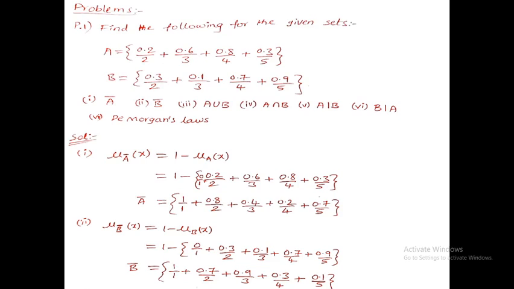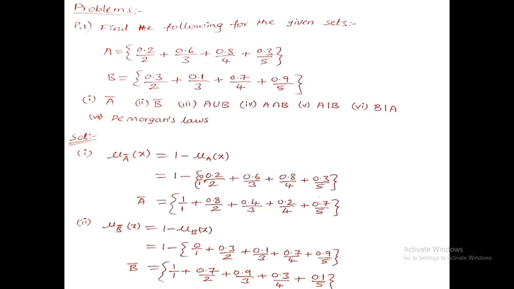The numerators need to be subtracted from 1 to get that complement. That's what I have done here. I have taken only points 1 to 5. If you are including the first point, I am including 0 by 1 here. Then to get A complement, 1 minus the numerator 0 at the first point.